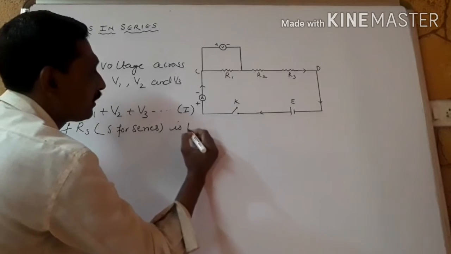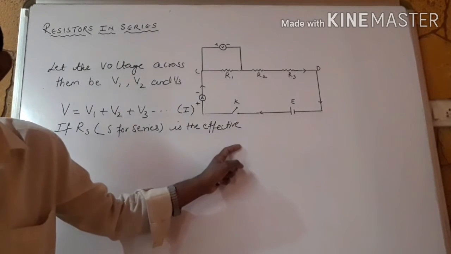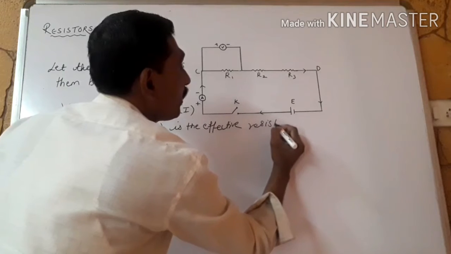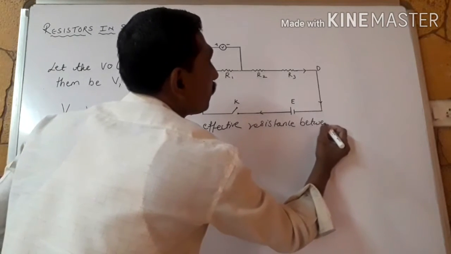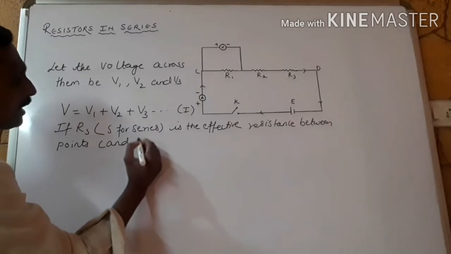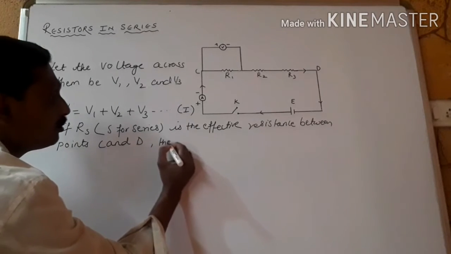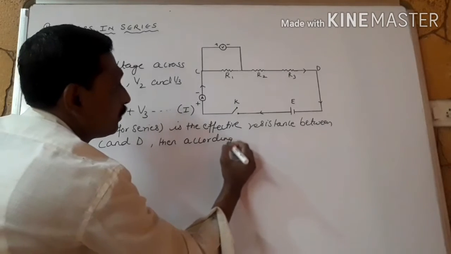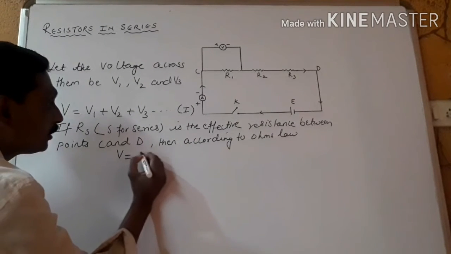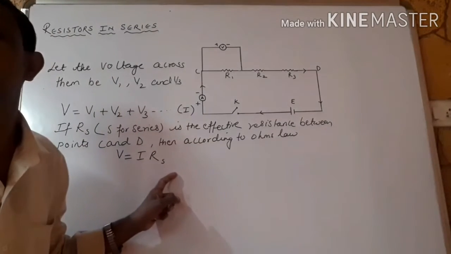If RS is the effective resistance between points C and D, then according to Ohm's law, V is equal to IR, but here, S for series resistance, so we will take V is equal to I RS.